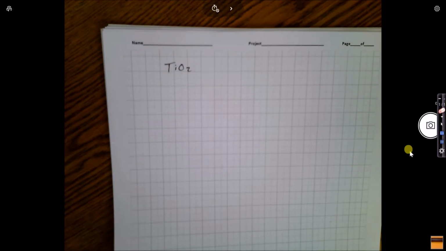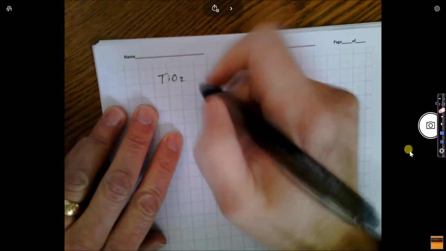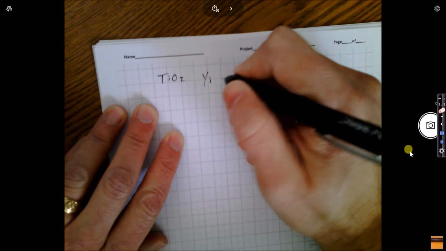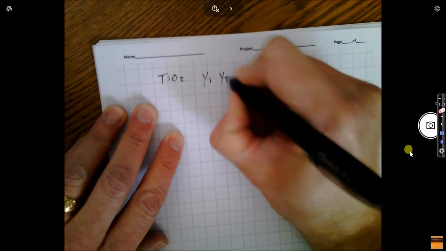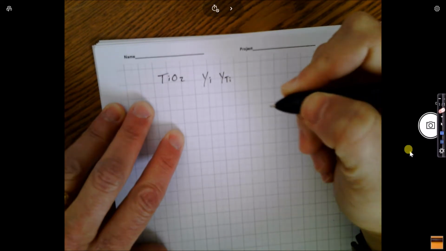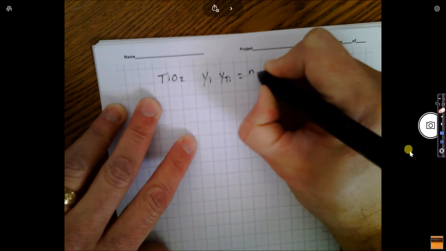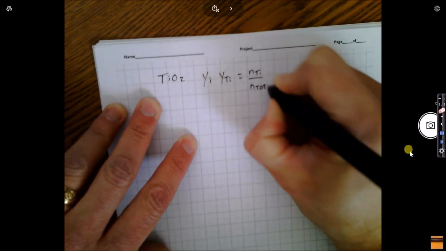Okay, so we're taking a look at titanium dioxide, and we want to know the mole fraction of titanium in titanium dioxide. More precisely, the mole fraction of titanium, Y Ti, equals the number of moles of titanium divided by number of moles total.